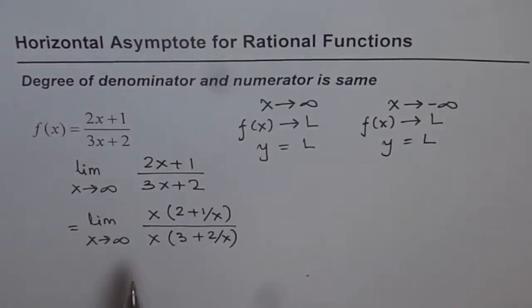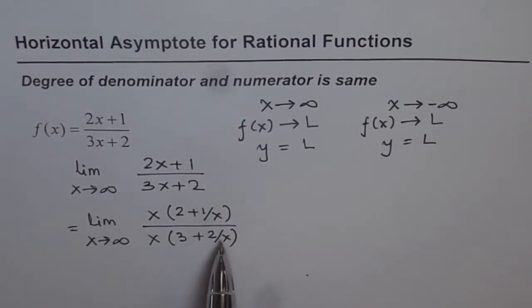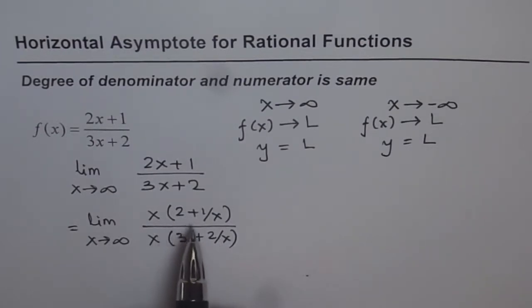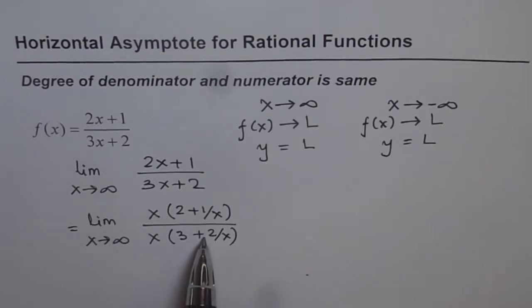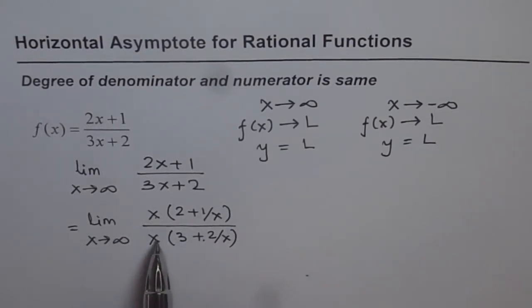Now you can see if x is a very high number, x approaching infinity, then these two fractions will approach 0, right? So we'll have 2 plus 0 and 3 plus 0 in these brackets, correct? And now x and x is common in numerator and denominator, we can cancel it out.